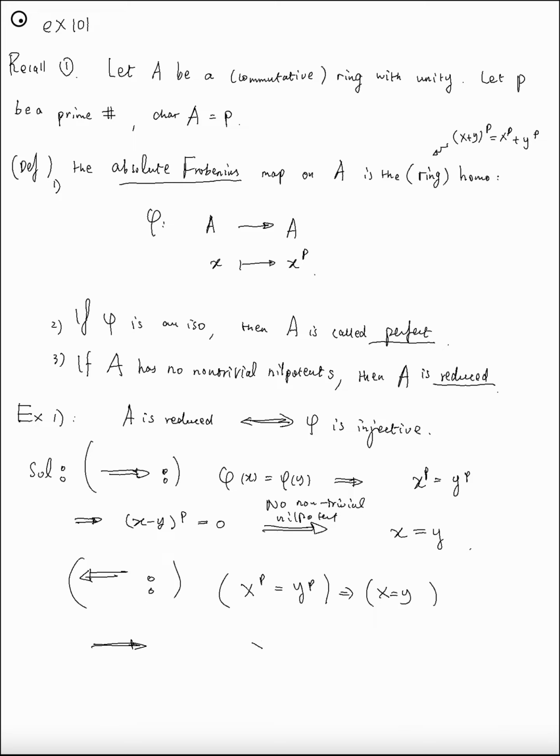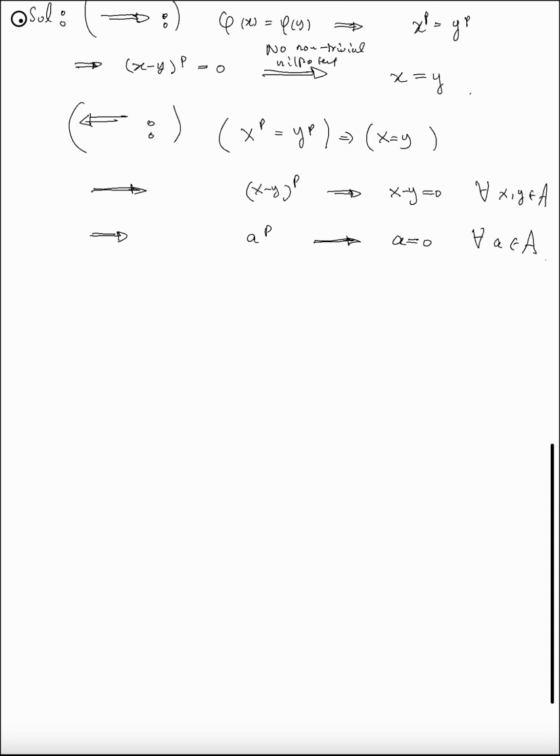Right, and this tells that (x minus y) to the p equals 0 implies x minus y equals 0 for any x, y in A. This is telling you that a to the power p equals 0 implies a equals 0 for any a in A. And now we claim that A is then reduced, meaning it has no non-trivial nilpotents.